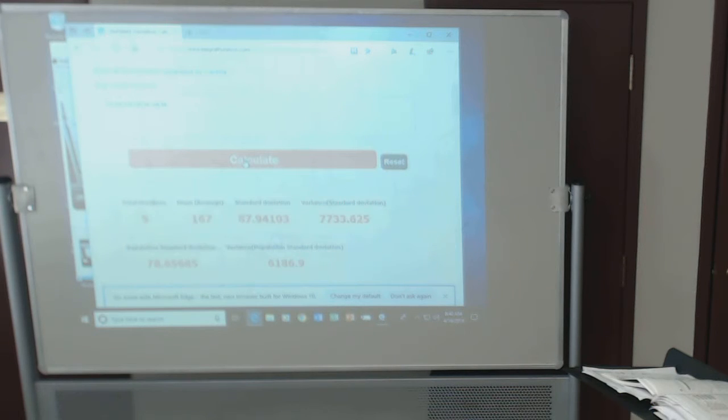And calculate. And the mean is 167, and the standard deviation is 87.94.